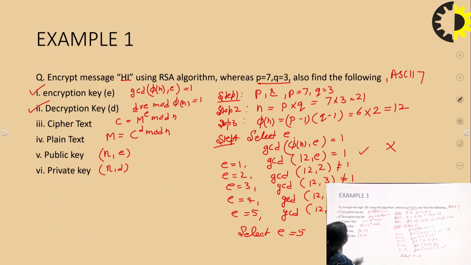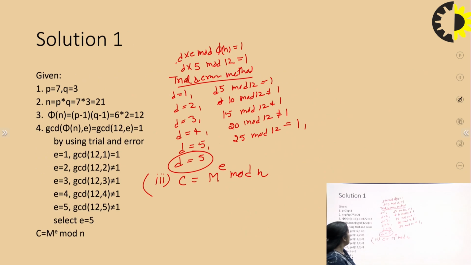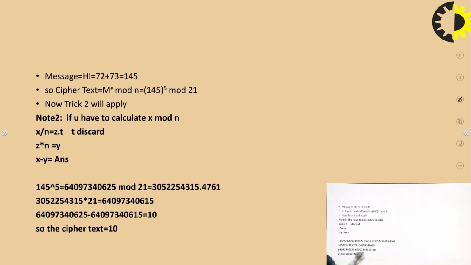First of all, we have to know this message value. I already calculated this number, that is 72 plus 73, that is 145. Why are you calculating this? Because in ASCII, the uppercase letters start from 65 to 90, so the value is this. Then you can get 72 plus 73.